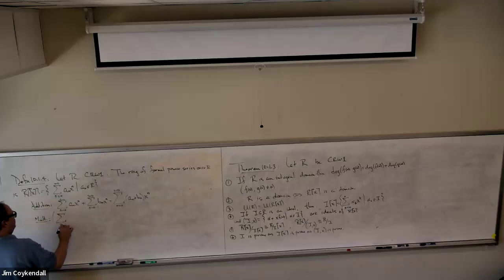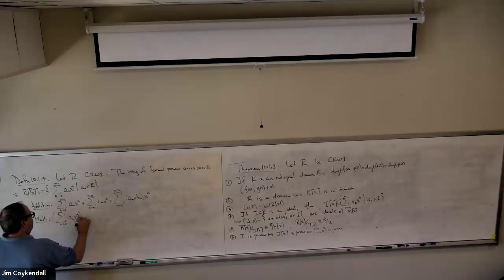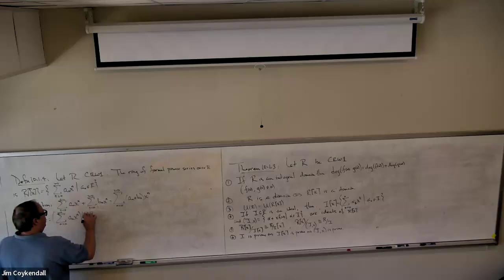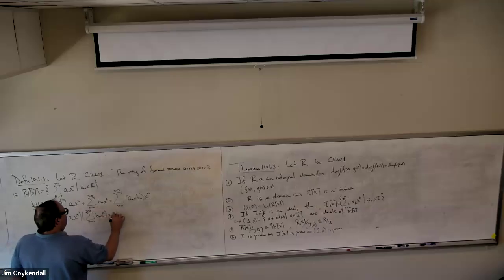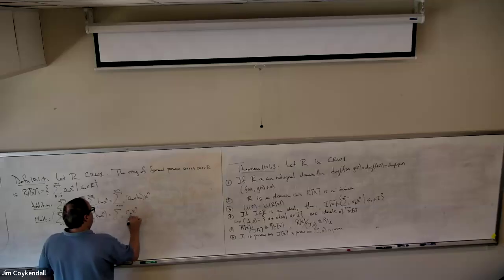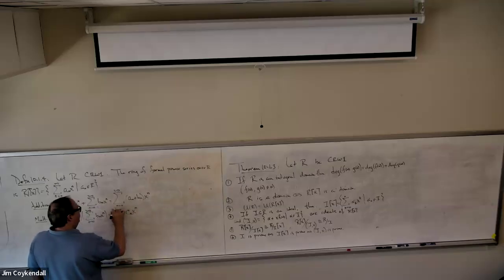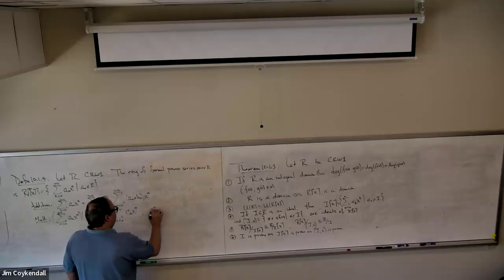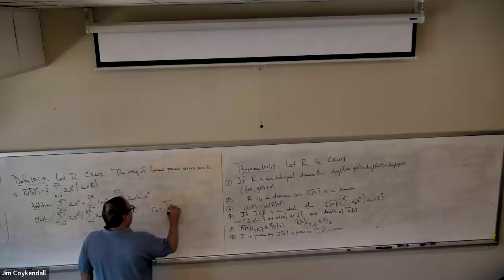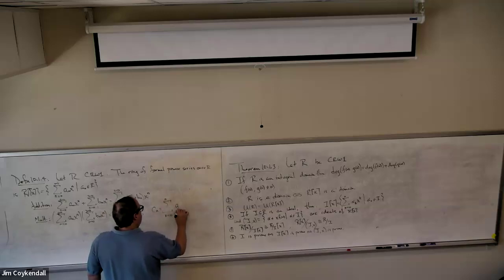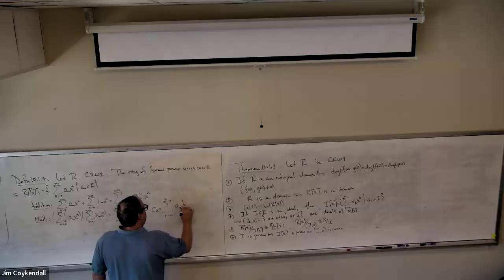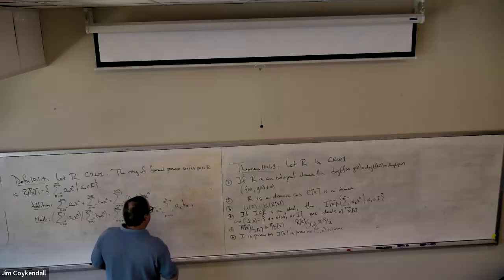If I multiply these animals, this is the formal power series sum c_n x^n, and the rule for the c is the same. That is, c_n is the sum from k equals 0 to n of a_k b_(n minus k).